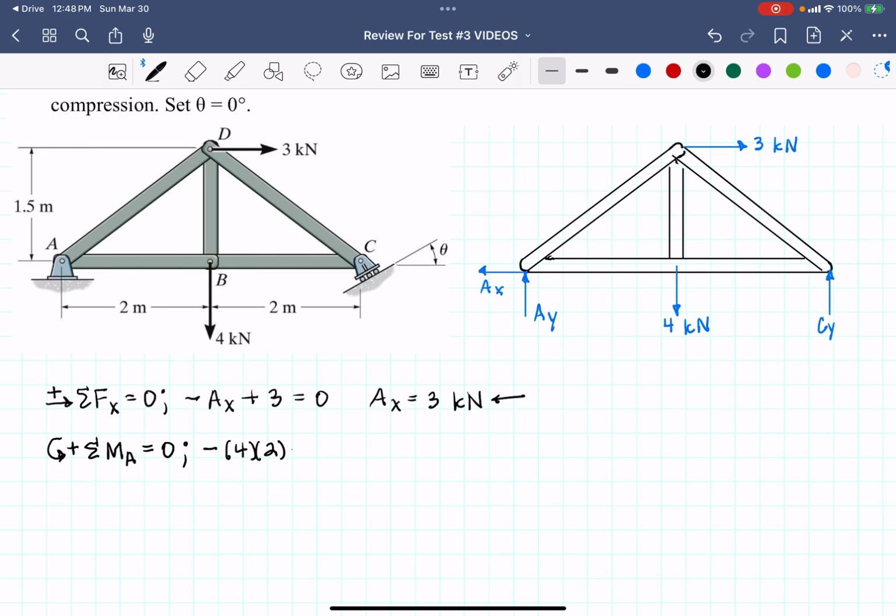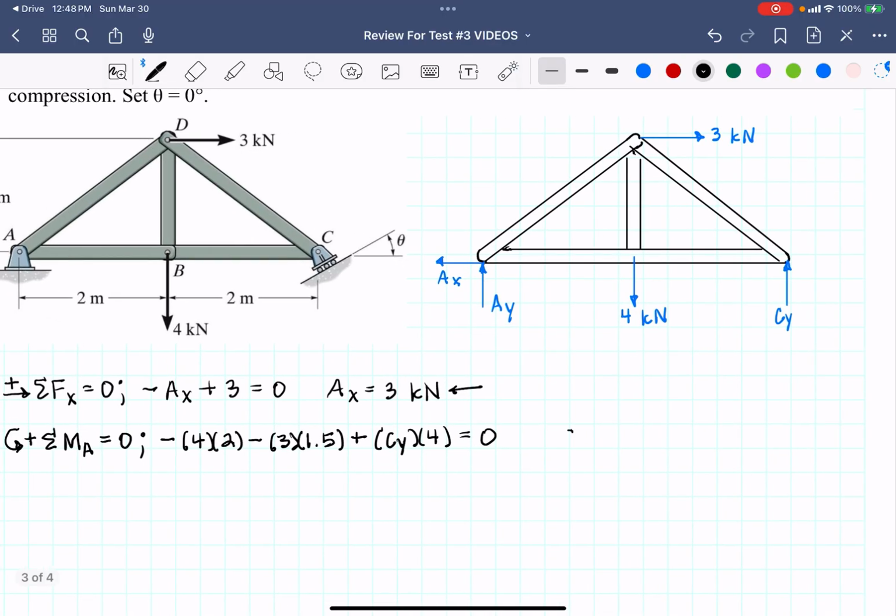It is also negative 3, and it is 1.5 meters away. And then I've got C of y, which is positive, and it is the whole distance away of 4, equals 0. If I solve that for C of y, I get that C of y equals 3.125 kilonewtons. And it is in the up direction because it came out positive, and that's what I assumed.